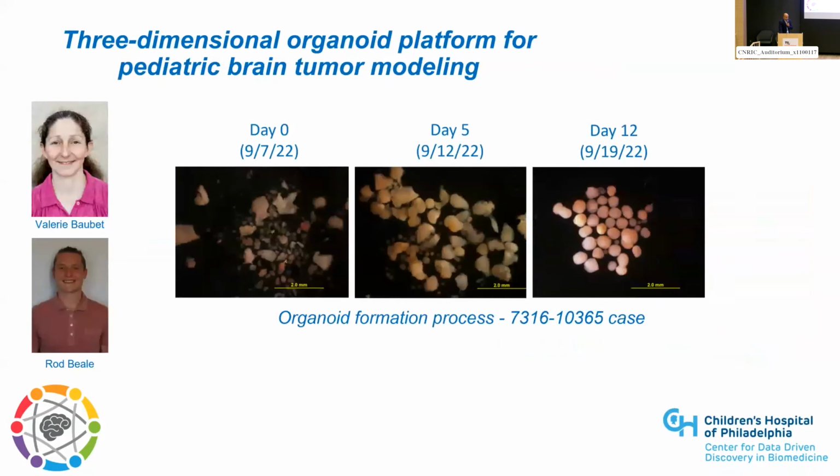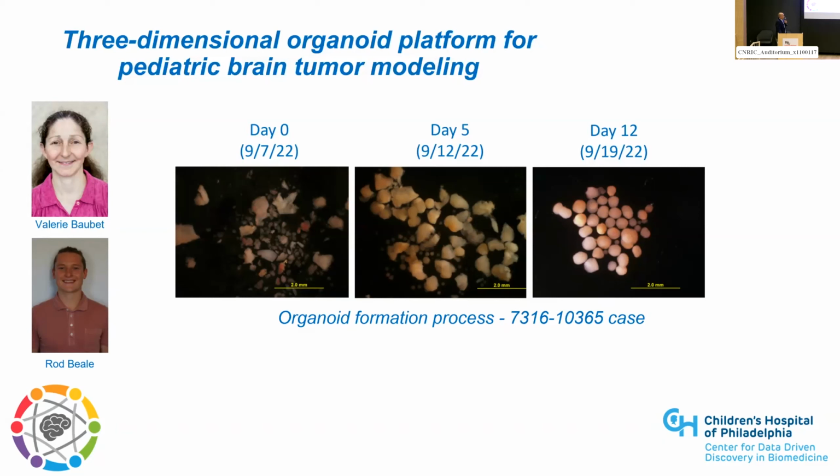With the lead of Valerie and quite a lot of work from Rod, we're able to bank several organoids so far. Interestingly, these organoids can be banked, then recultured again, and grow for quite some time. The major difference between this model and a cell line is that eventually organoids will stop growing. That's why they are extremely precious.